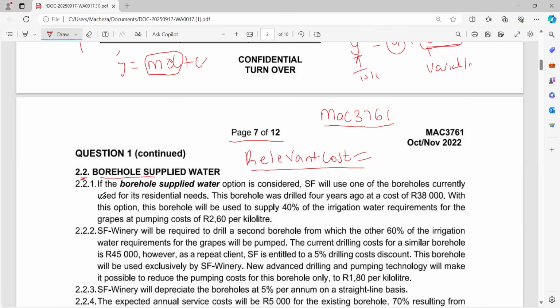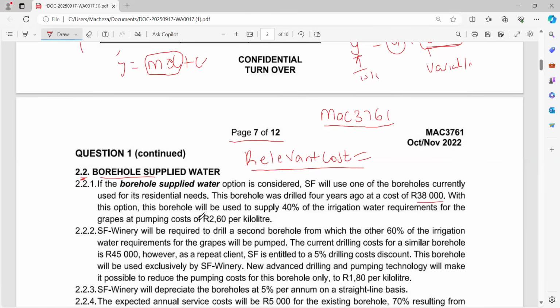Let's look at it. If the bore supplied water option is considered, SF will use one of the bores currently used for its residential needs. This bore was drilled 4 years ago at a cost of 38,000.